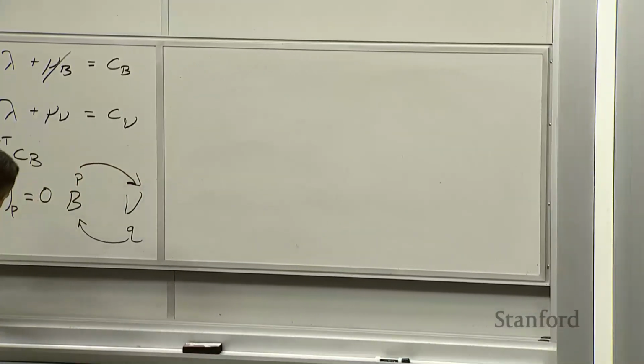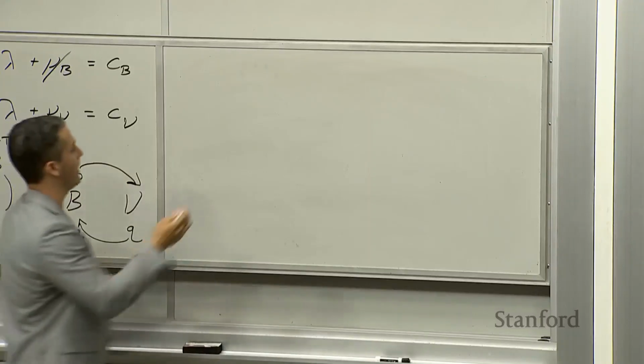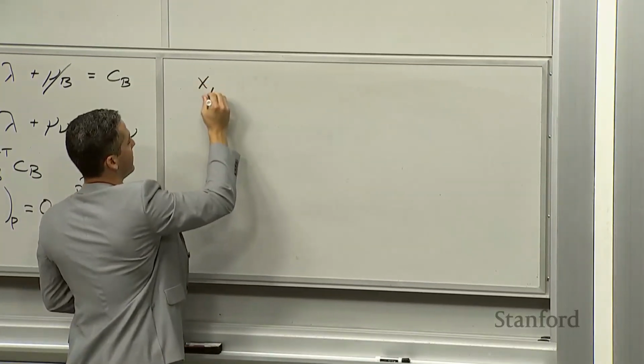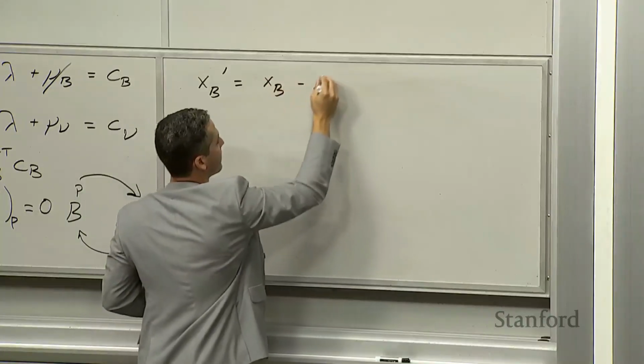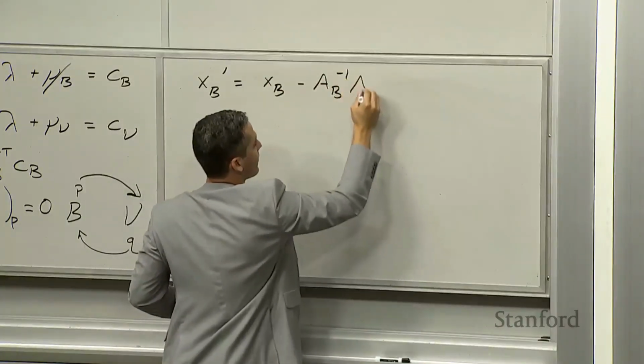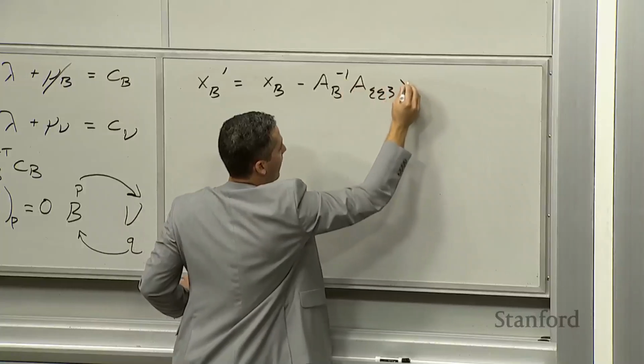Okay, so just rewriting what's covered up on this board, we had that x basis prime was equal to x basis minus a basis inverse aq xq prime.